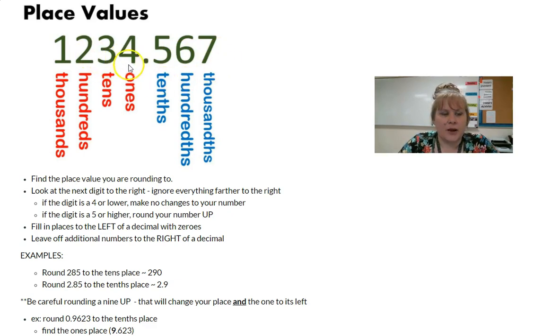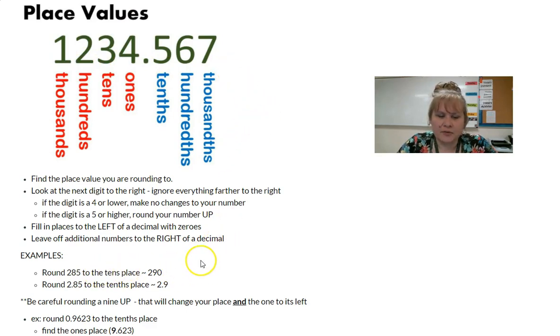Let's say that we were going to round to the tens place in this number, 1, 2, 3, that's the number we're looking at. The digit to the right is a 4, so we would leave the 3 as is. 1, 2, 3. We still have another place value before we get to the decimal, so we would fill that in with a 0. 1, 2, 3, 0, and leave off everything else.